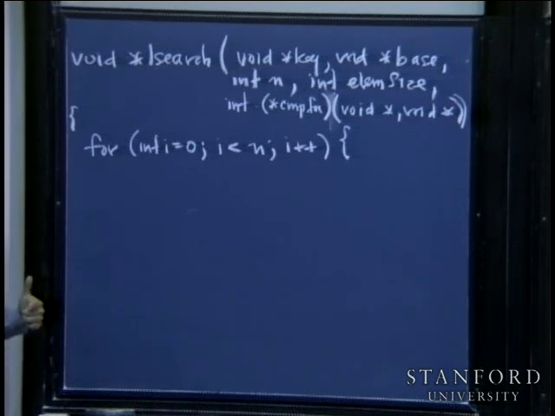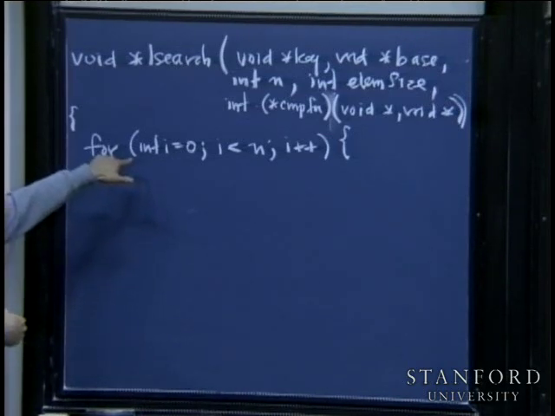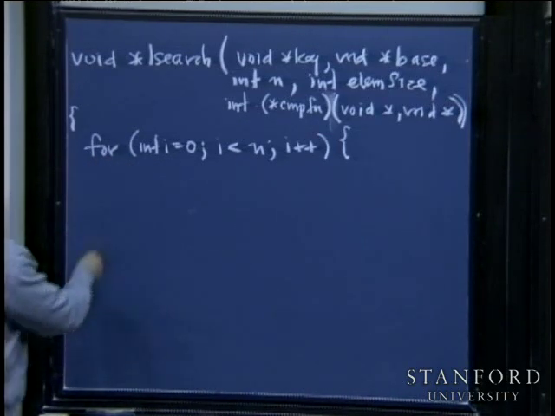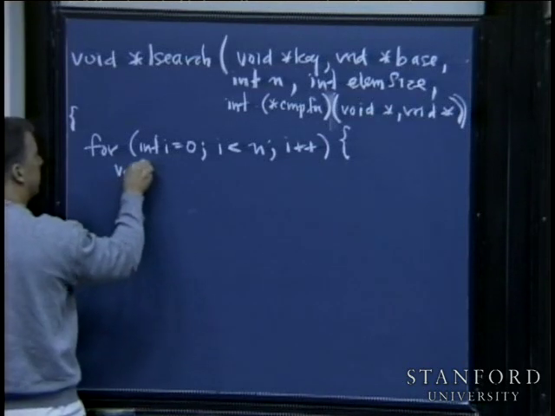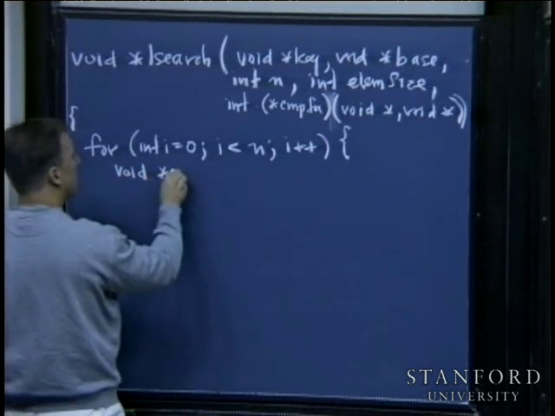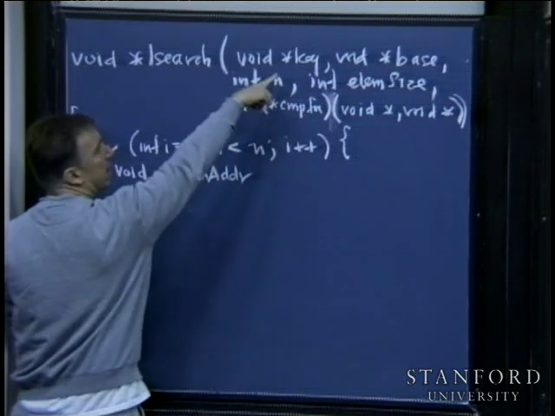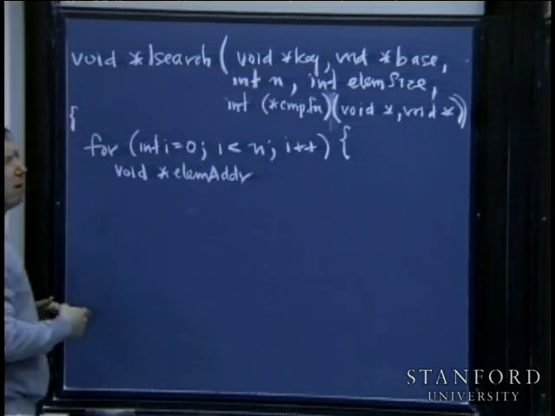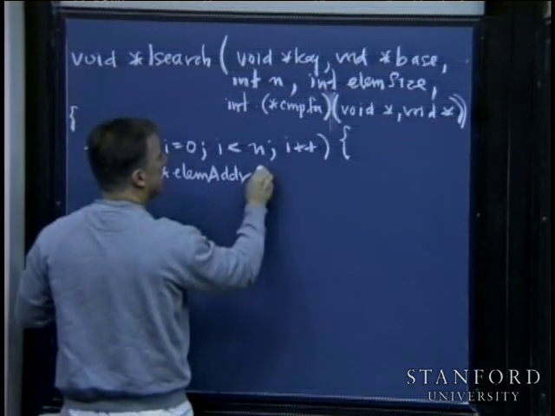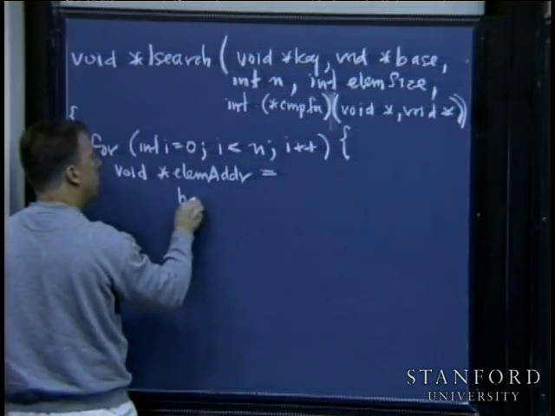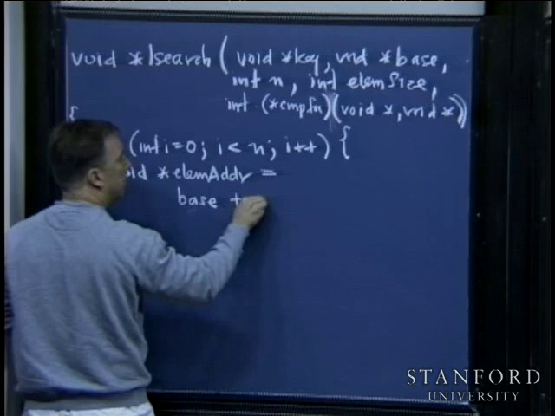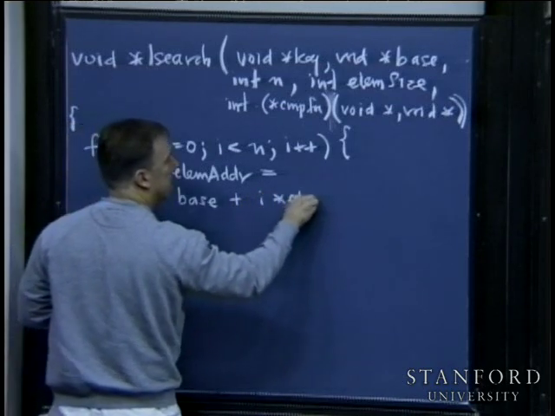I can certainly do that in terms of base; elemSize is the quantum distance to move with each hop, and then i tells me which element I'm interested in. Internally, I want to do this: void *elemAddr. This is the thing that's going to be compared against that key to figure out whether or not we have a match. This is equal to, numerically, base plus i times elemSize.